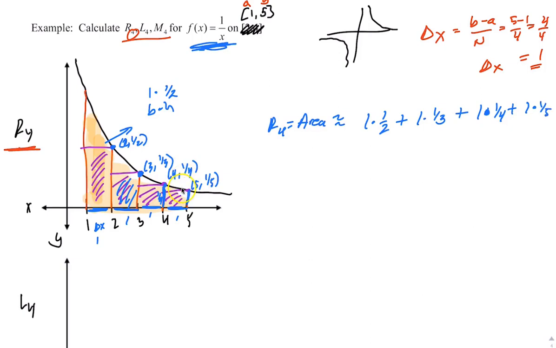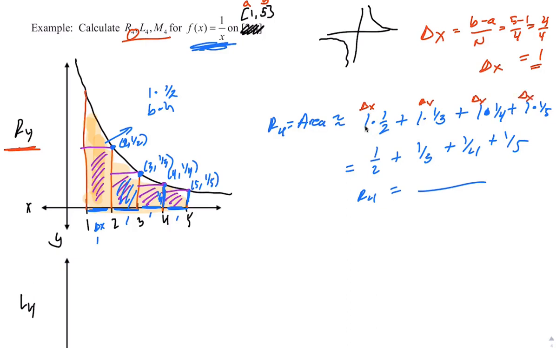So that's a long way of doing it, quote unquote long way. That's what I like to do. I just like to find the area of each one. Right here I get 1/2 plus 1/3 plus 1/4 plus 1/5. And I could plug that into my calculator, and you get an answer. And that's our R4. Another shortcut way of doing it is, if you notice, these are all delta x's.